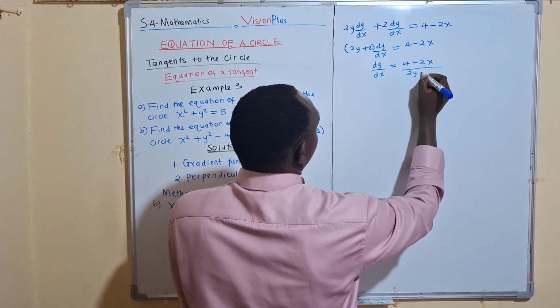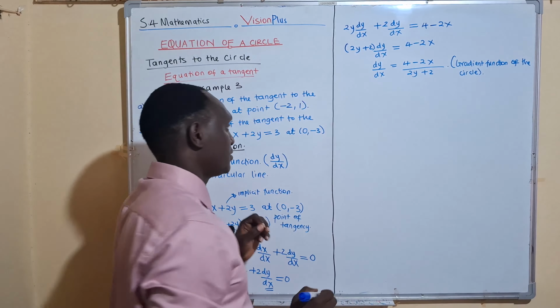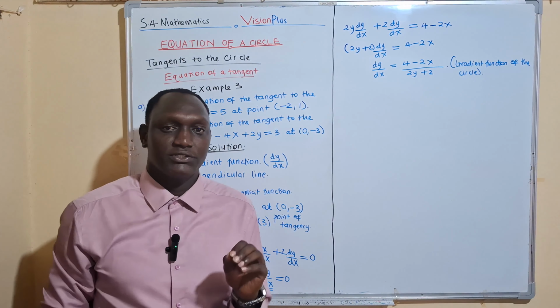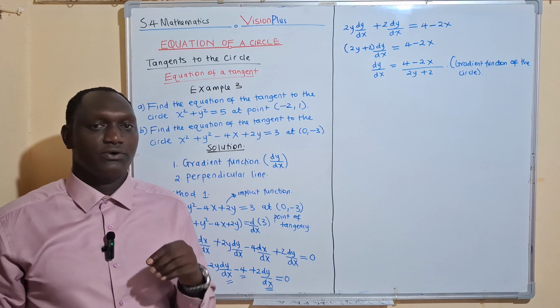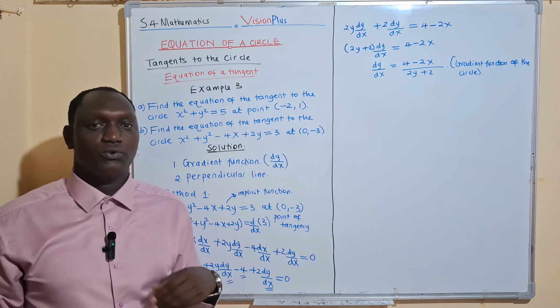This is the gradient function of the circle that we are looking for. Why is the gradient function important? It is important because it is the function that defines for us what the gradient of the circle would be at any point on the circumference.